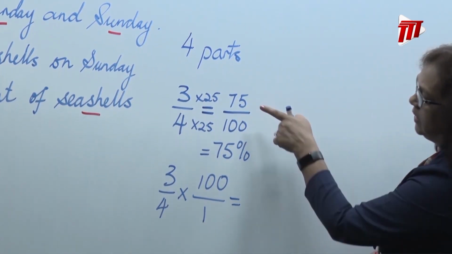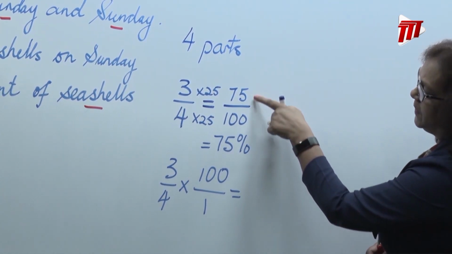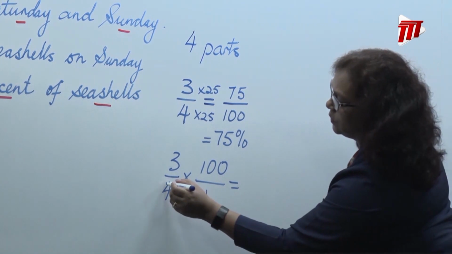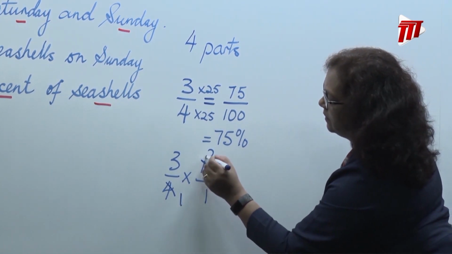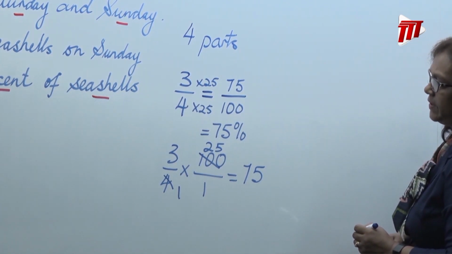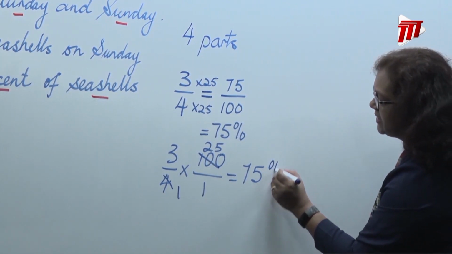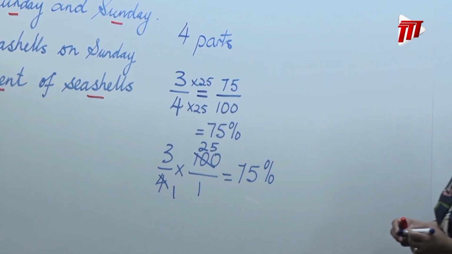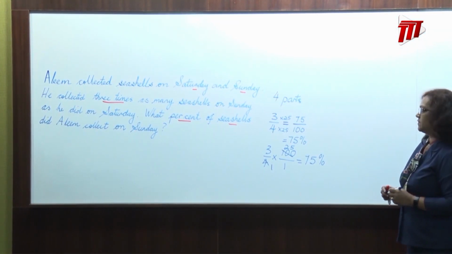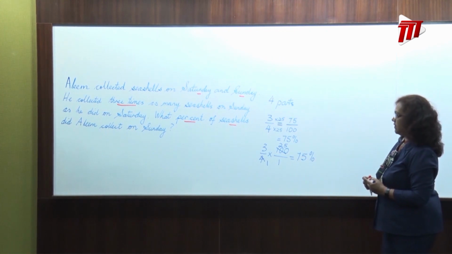That will give me the number that forms part of the equivalent fraction and represents the percent. And we must remember to include our percent sign because that's what the problem asks us to find. Not a number of seashells, but percentage of seashells. And that's our answer. Very simple.